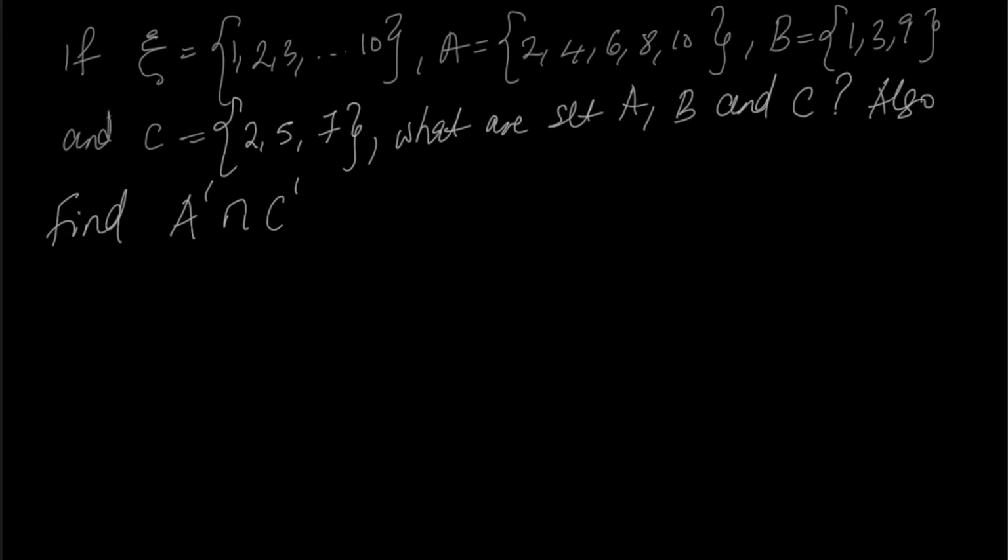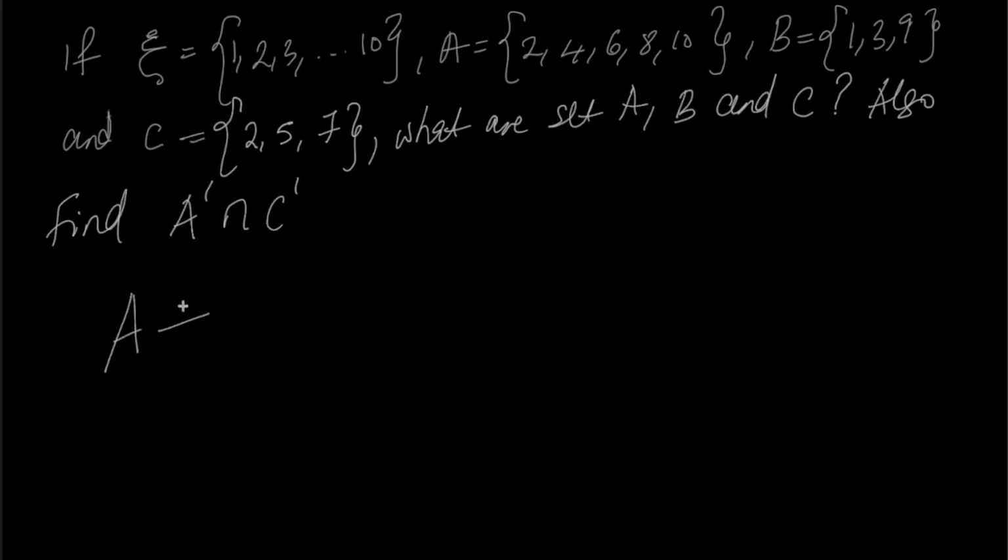It says if the universal set is equal to this, A is equal to this, B is equal to this, and C is equal to this, what are sets A, B, and C? Also find the complement of A intersect the complement of C. If you look at this, 1 to 10, A are what? Even numbers.